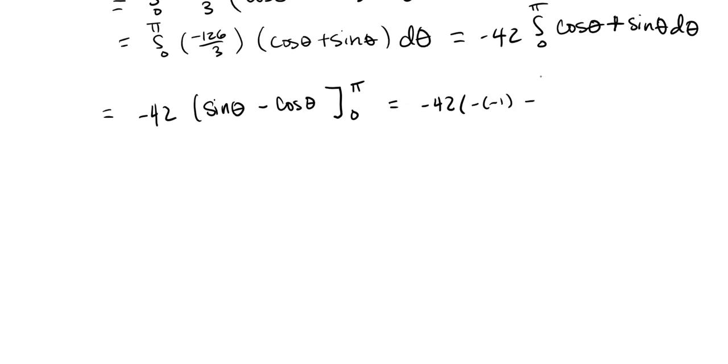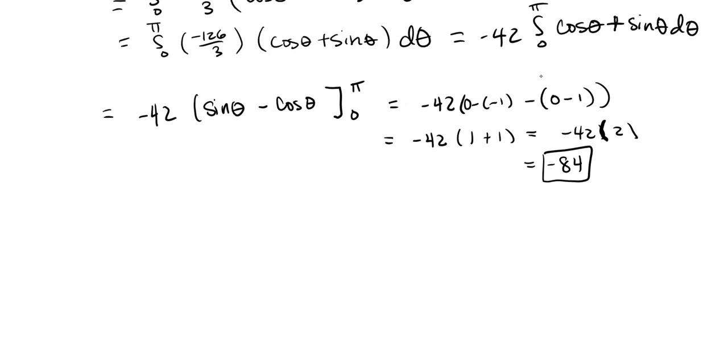We had really 0 minus -1, and then we're subtracting 0 minus a +1. So we've got -42 times 1 plus 1, so -42 times 2 is going to be -84 for that line integral.